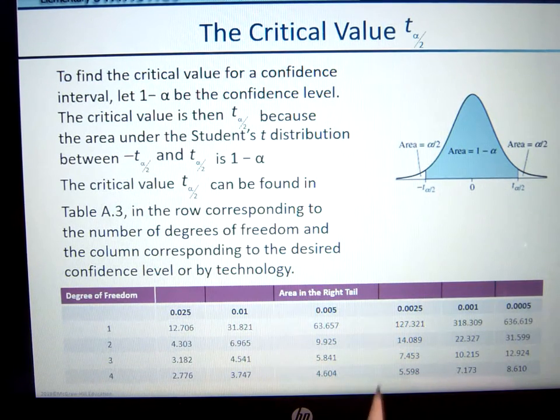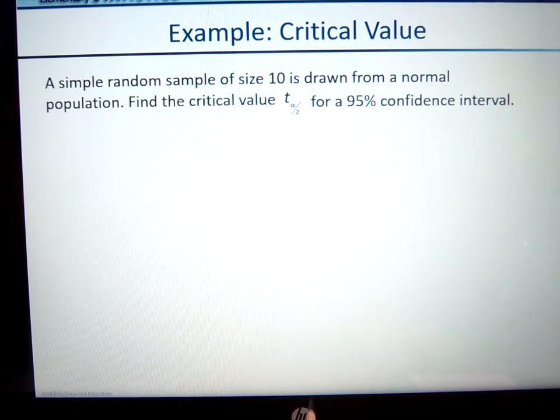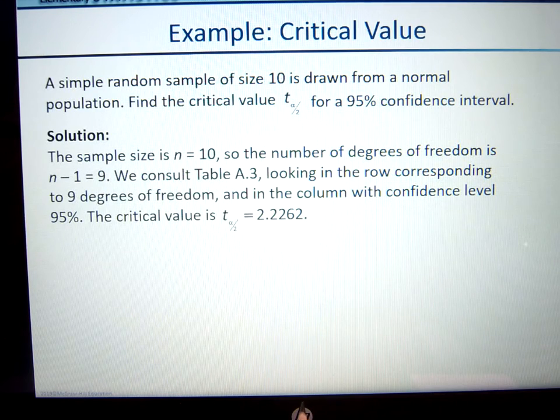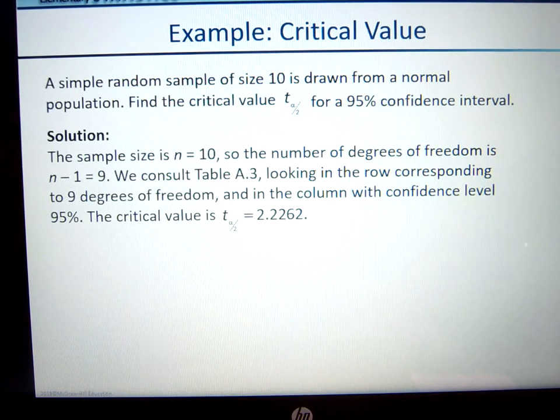So let's take a look. Here we have a sample size of 10 drawn from a normal population. Find the critical value t alpha over 2 for a 95% confidence interval. So the solution: the sample size n equals 10, so the number of degrees of freedom is 1 less than that, n minus 1, so that's 9.